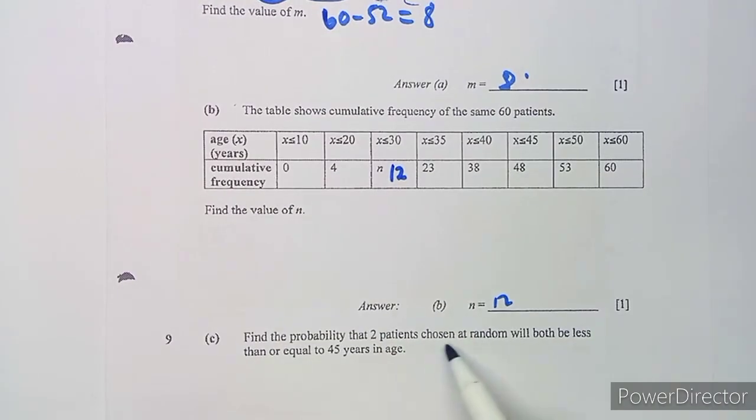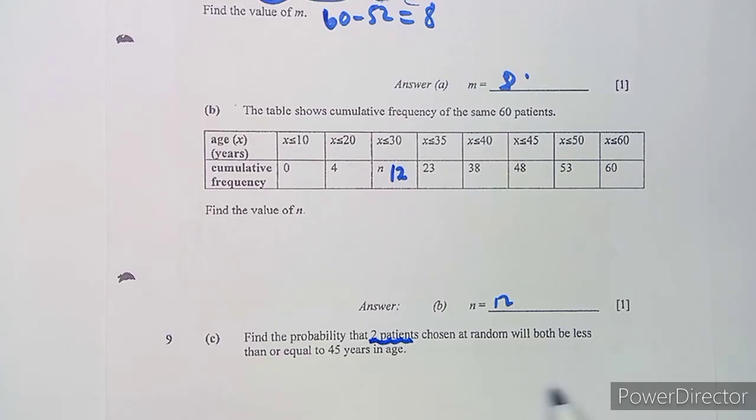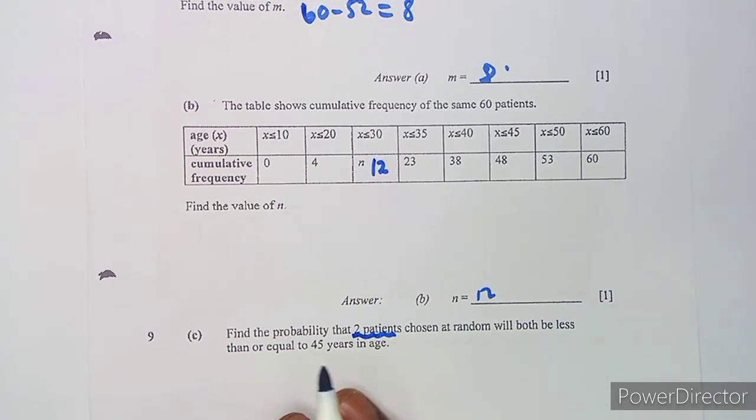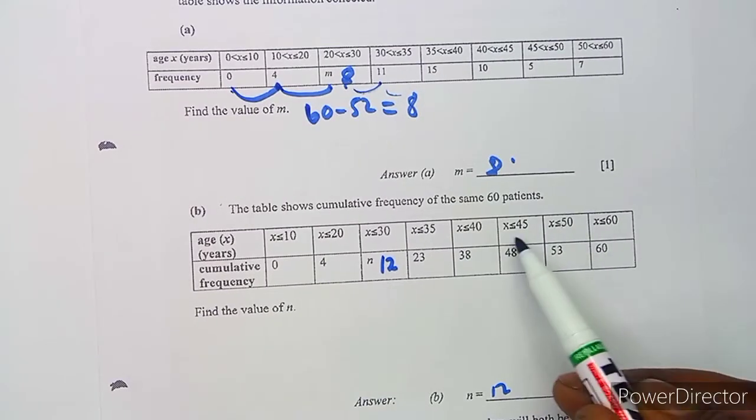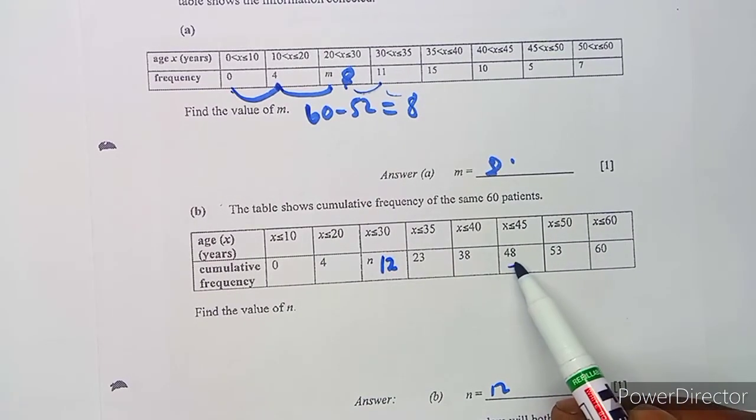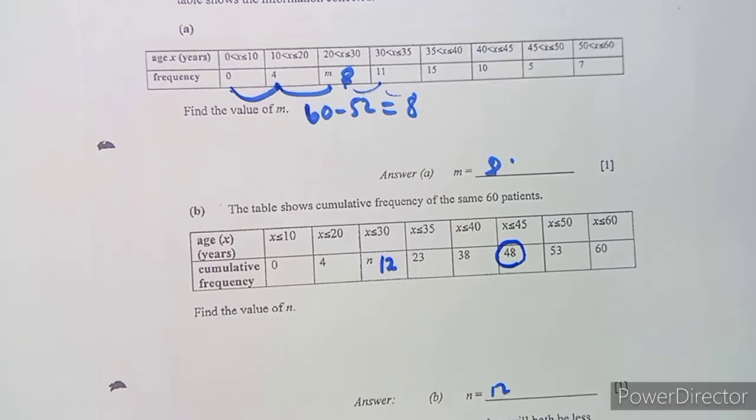Find the probability that 2 patients chosen at random will both be less than or equal to 45 years in age. We are talking about 2 patients drawn from the same region, where they are less than or equal to 45. And here we are told that those people who are less than or equal to 45 number 48.